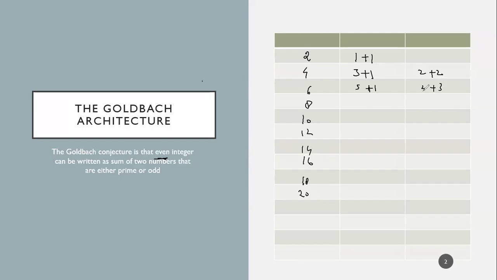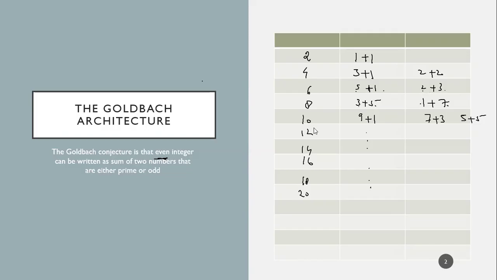Here you can see 3 is prime, 5 and 1 are odd. 8 can be written as 3 plus 5 or 1 plus 7. 1 and 7 are odd, 3 and 5 are prime. 10 can be written as 9 plus 1 or 7 plus 3 or 5 plus 5, like this. Similarly, we can write any even number this way.